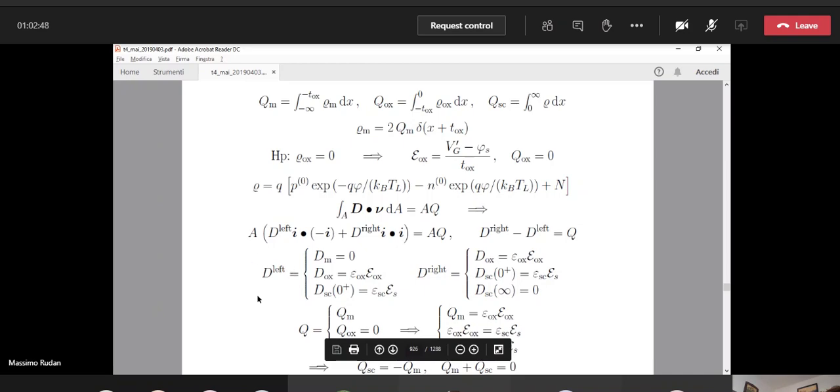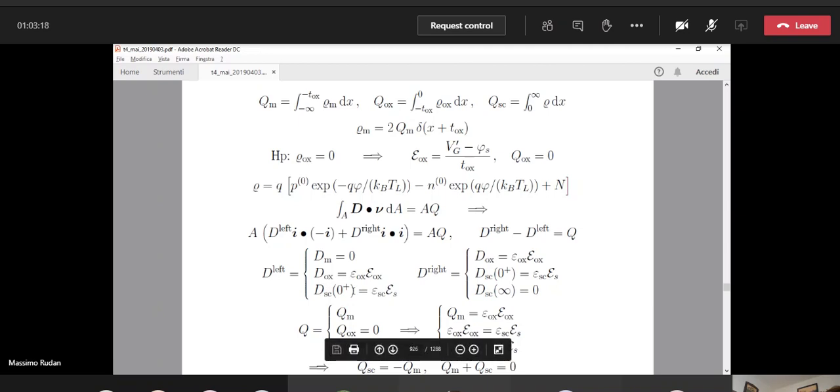contribution, the contribution of the left face to the displacement vector, you remember, is for cylinder 1 dm equal to 0 because we are in the metal. For cylinder 2, we call it dox, is the product of the permittivity of the oxide and the electric field in the oxide.